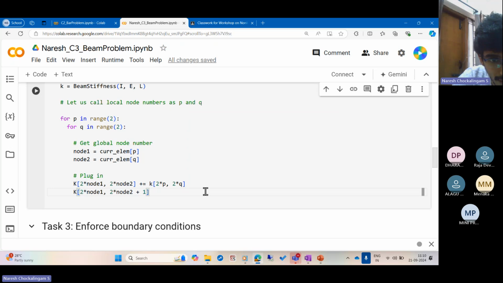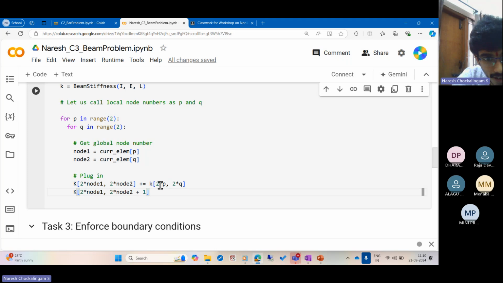Let's just see. P can go from 0 to 1. So you're doing for 0 and 0. Next you have to do for 0 1, 1 0 and 1 1, right? And next when p becomes 1, it will do it for 2 2, 2 3, 3 2 and 3 3. So that will finish the process.